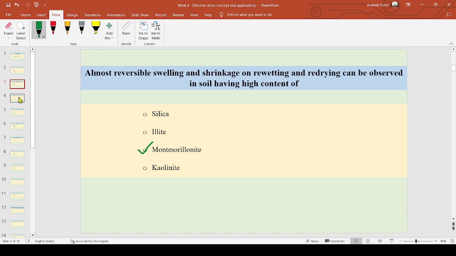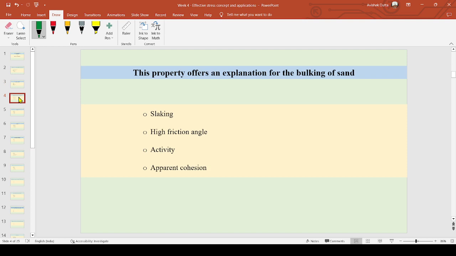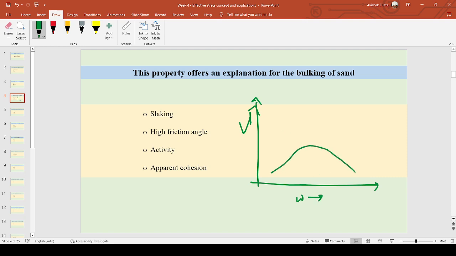Next question. This property offers an explanation for the bulking of sand. In the case of bulking of sand, plot the percentage volume increment with the moisture content.